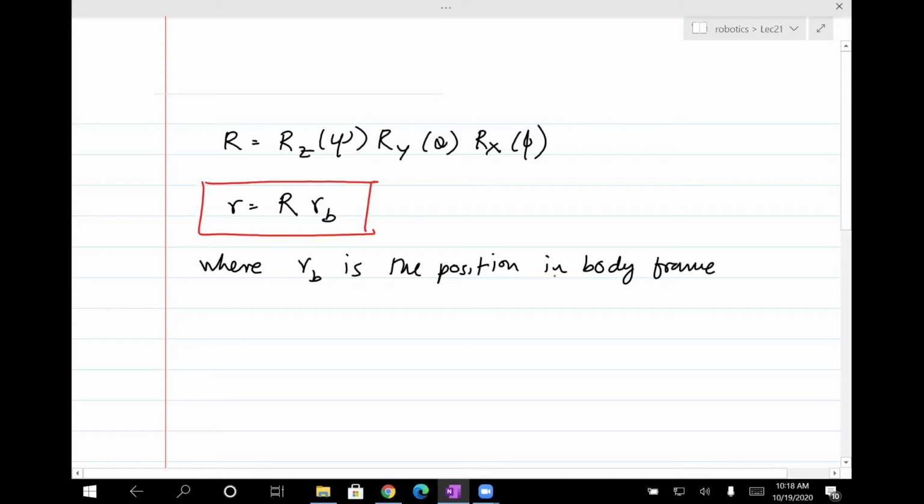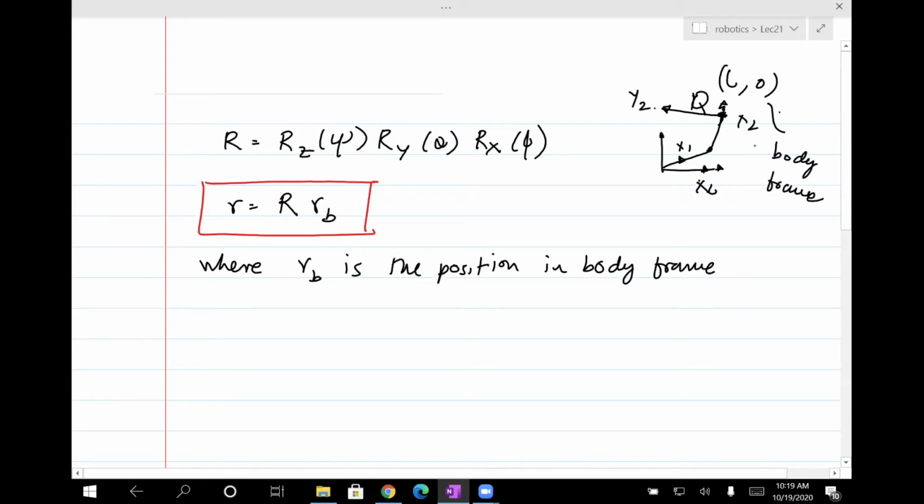If you remember, if you looked at the two link manipulator, the position of this point, let's call these axes x0, x1, and x2. If you wanted the position of this point, which is Q, then its position is L along x2 and 0 along y, because the y-axis is pointing in the normal direction. So this is the position in body frame.